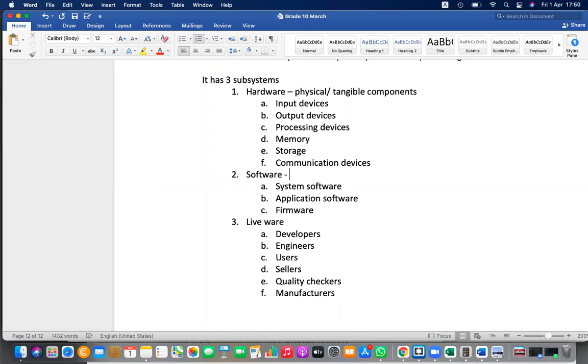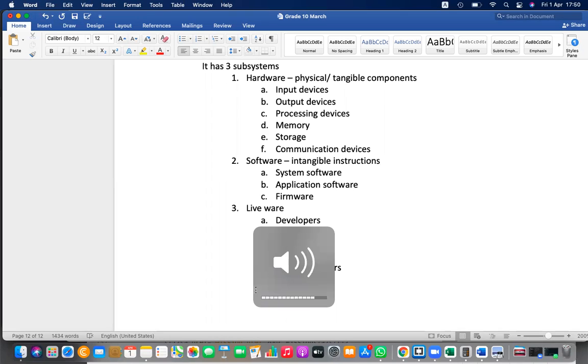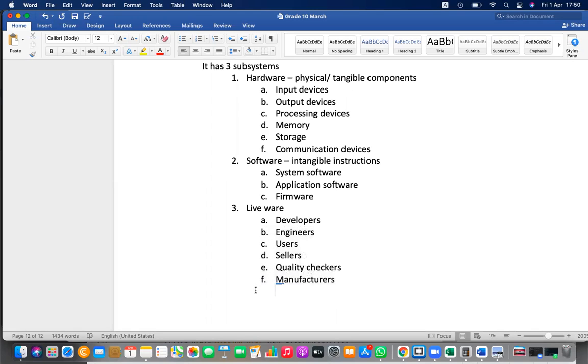Software means intangible instructions, a set of instructions. Liveware means the living beings, the living people who use, develop and engineer the computer system. And this is how the computer system is composed.